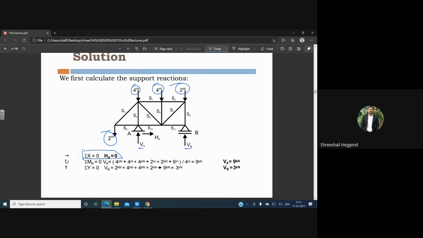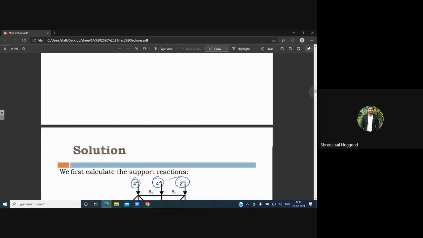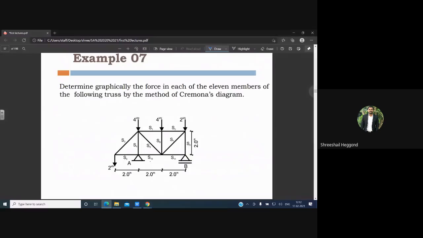writing moment about this point. The moment can be written as 0, by applying moments. That will be VA into the distance, which is given already, that is 4 meter. I think the previous diagram is given. You can see the previous one, dimensions 2, 2, 2 and 2 meter are given already.